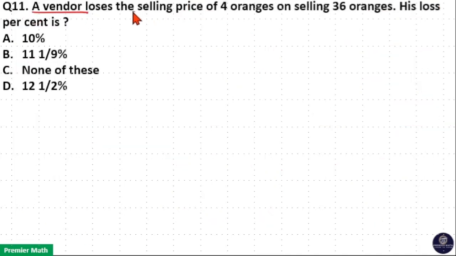A vendor loses the selling price of 4 oranges on selling 36 oranges. His loss percent is? Here when this person sells 36 oranges, he lost the selling price of 4 oranges. Total cost price here is equal to the cost price of 36 oranges, which is equal to total sell price plus total loss, which is 36 plus 4.